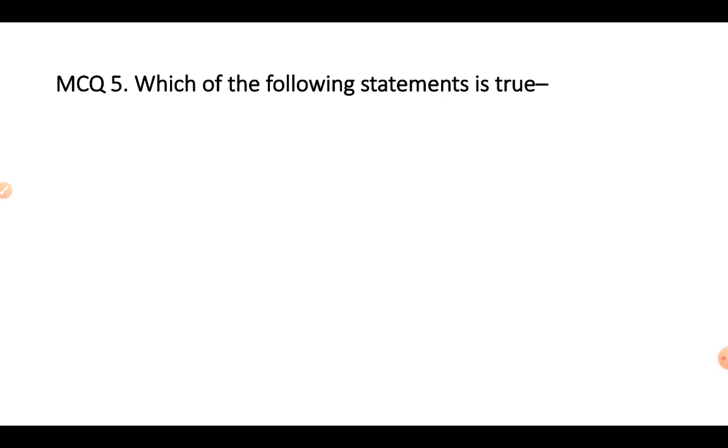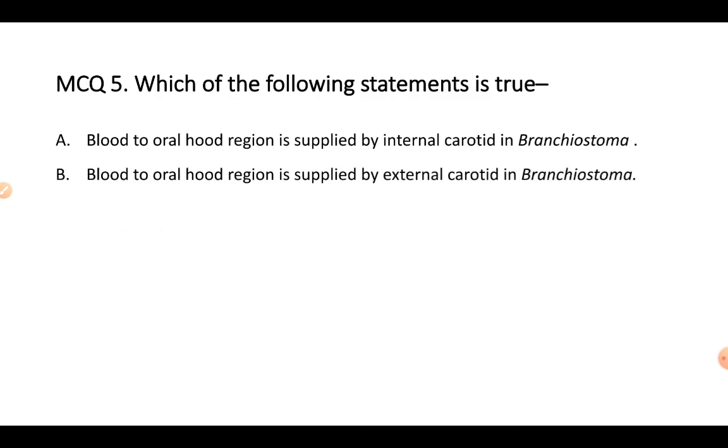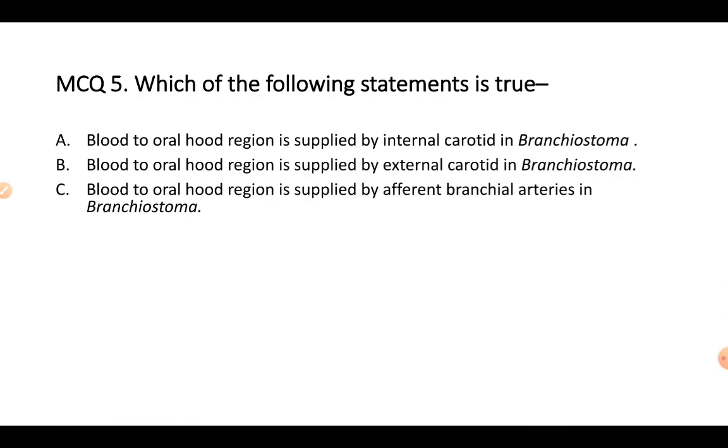Now, which of the following is true? Which of the statements are correct? Blood to the hyoid region is supplied by internal carotid artery in branchiostoma. Blood to the hyoid region is supplied by external carotid, or the blood to the hyoid region is supplied by afferent branchial arteries.